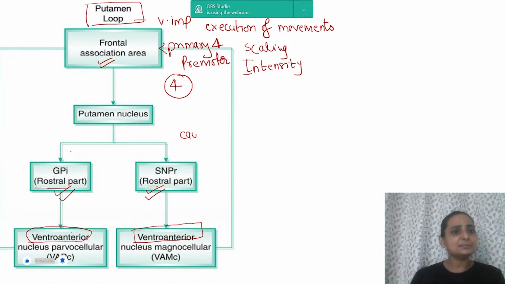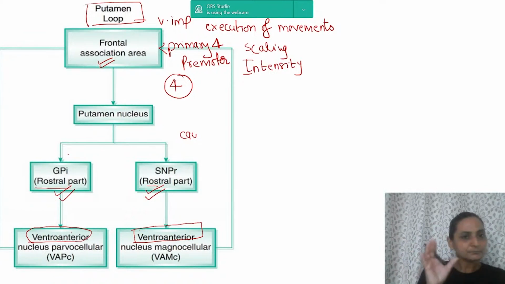So first, what did we study? We studied the basic circuit which is present. Then we elaborated by knowing how the caudate circuit and the putamen circuit are.